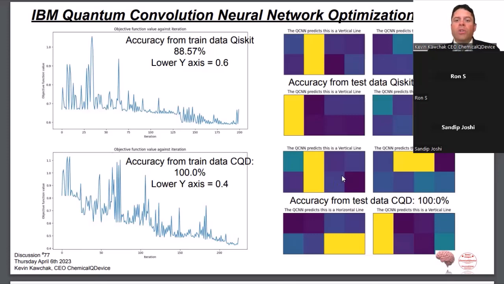And then, like I said, 100% accuracy is basically when it says, for instance, on one of theirs, their bottom right one here, the QCNN predicts this is a horizontal line, and basically 2 yellow pixels are saying it's a vertical line.